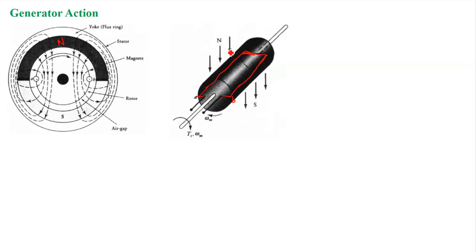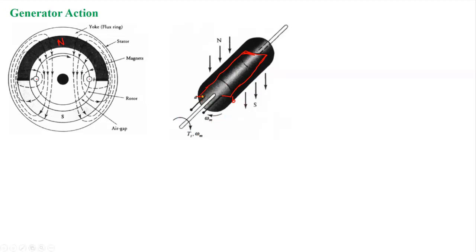And here also you can see the magnetic field. It is downward, from north pole to south pole. And now the torque is being applied on this rotor, or you can say the force is applied on this rotor, and the rotor starts rotating.